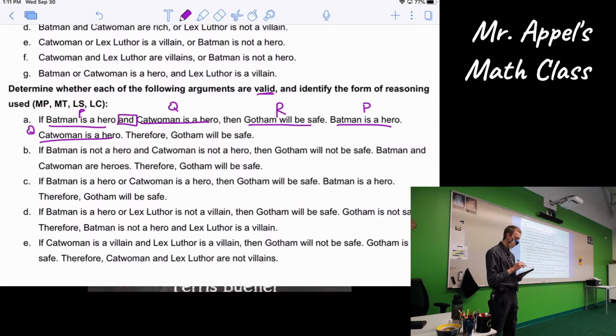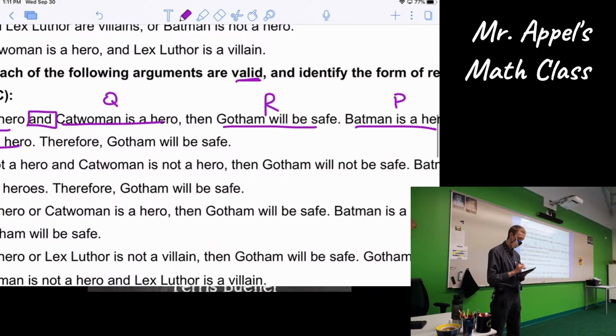Call that statement R. Do I have statement R here? Therefore, Gotham will be safe. Hey, that's exactly what we were looking for. That checks out following modus ponens. So yes, we can say that is valid by modus ponens.